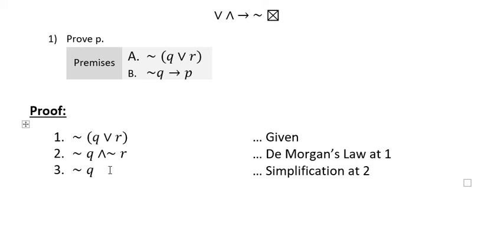Now that I have the negation of Q, I can copy the conditional so that I can use modus ponens. Why am I gonna use modus ponens? Because modus ponens is the one that if you have a conditional and you have the first part, you can copy the second part, and that's basically what I'm looking for.